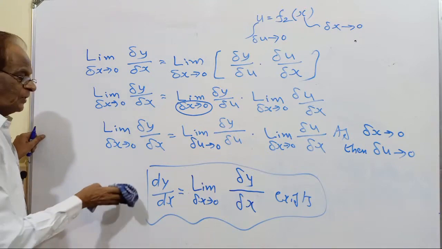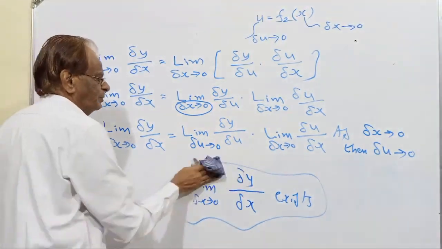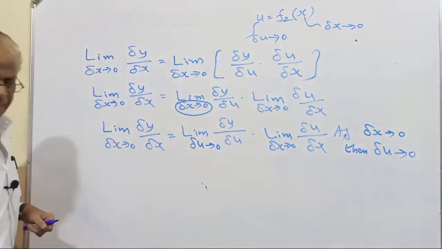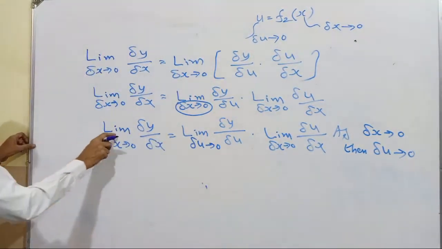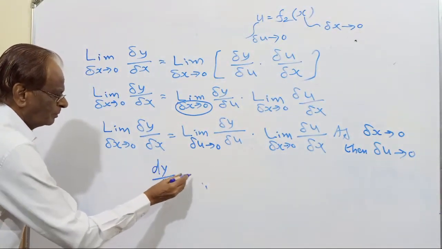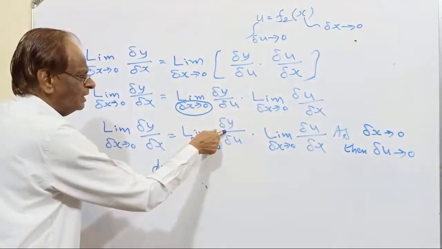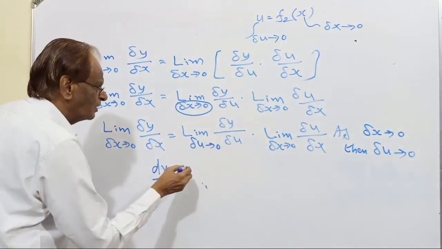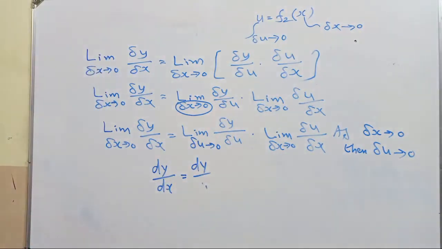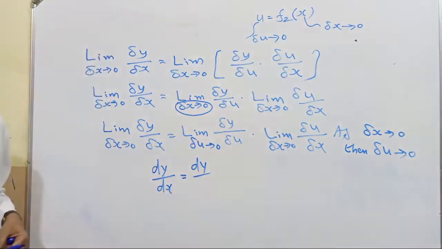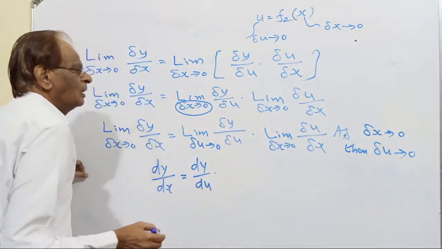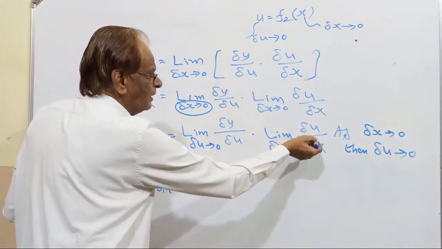Apply this definition. This is the limit of the incremental ratio, differentiation. This is also the limit of the incremental ratio when the denominator approaches 0. Again, this is also the limit of the incremental ratio.